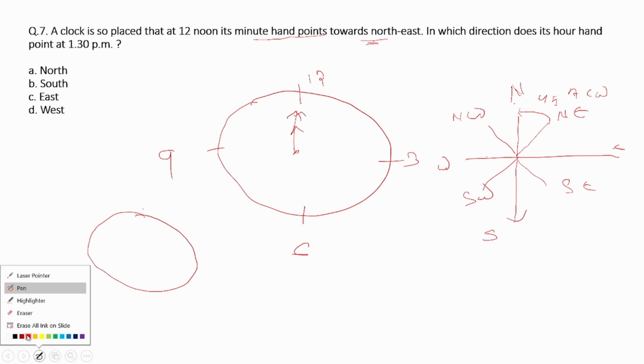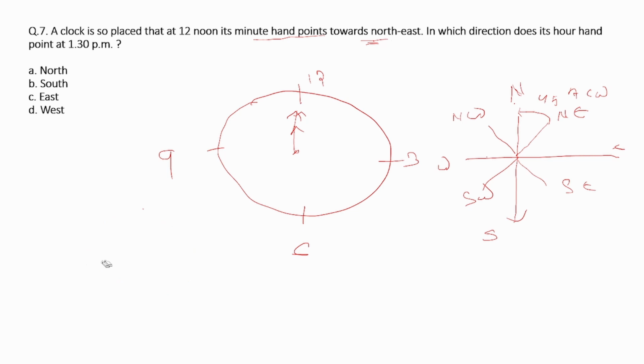Let us change the color. This is 12, this is 3, this is 6, this is 9. At 1:30, this is 1, this is 2.